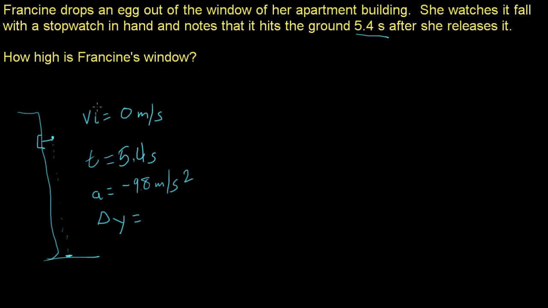Well, the value that we neither have nor are we looking for is vf. So that's sort of our missing value. So if you're having trouble finding the right equation, it's the one without vf, which is delta y equals vi t plus 1/2 a t squared. And that's convenient because we don't even have to rearrange this.